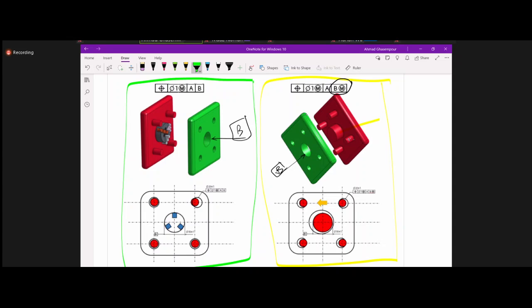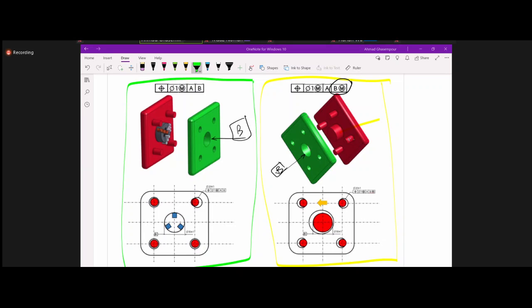So you can probably guess that when the M symbol doesn't exist, you have a way more restricted assembly condition, right? The part has to be very specifically produced to pass inspection and to fit onto what it is fitting. Whereas when we have the material condition M, you have wiggle room, right? The part can move around, and then you connect it or put the bolts through or assemble it.